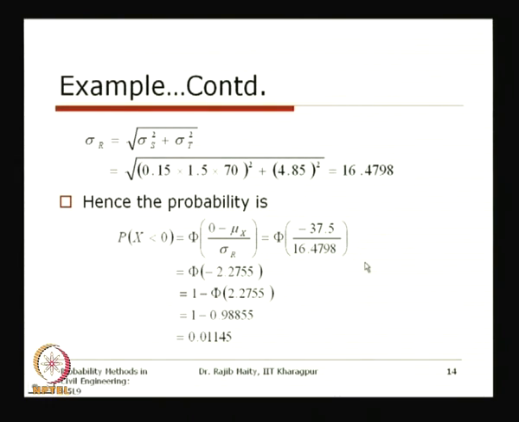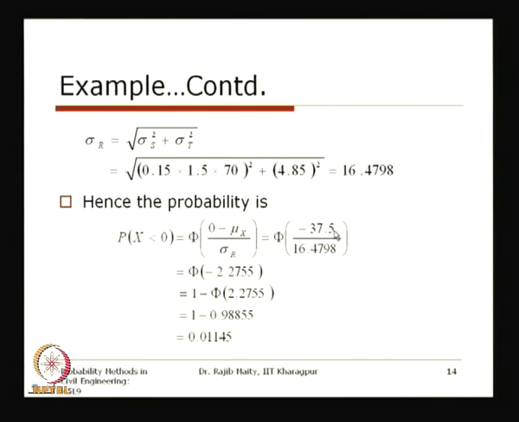Now, if we want to know the probability of failure, the probability of failure is equal to the probability of R less than or equal to 0. Of course, R less than 0 is how we declare failure. So we get the reduced variate: 0 minus mu R divided by sigma R. The mu R we calculated is 37.5.